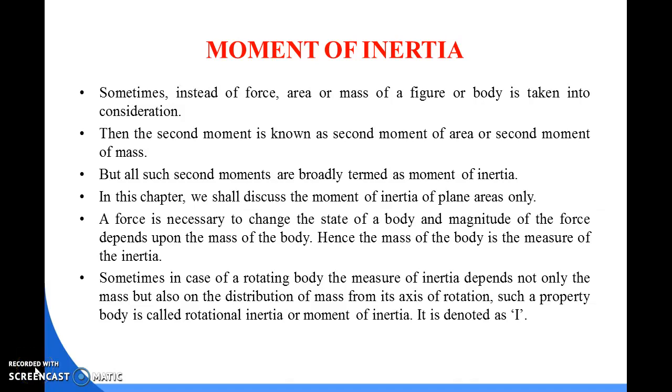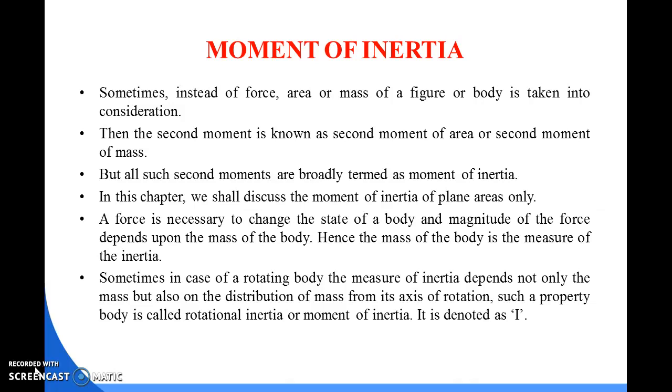So today we will start with the moment of inertia of a section. As we know, sometimes in the case of a rotating body, the measure of inertia depends not only on the mass but also on the distribution of the mass from its axis of rotation.